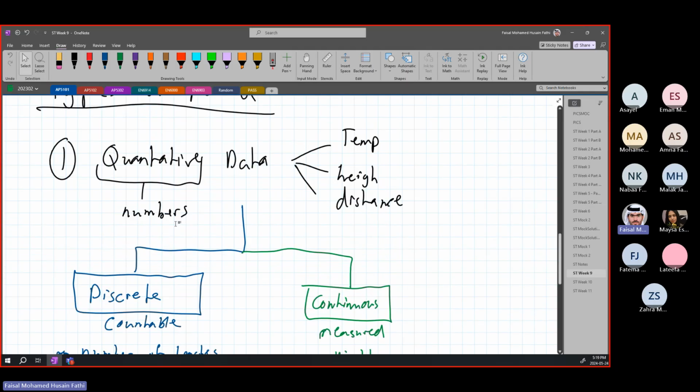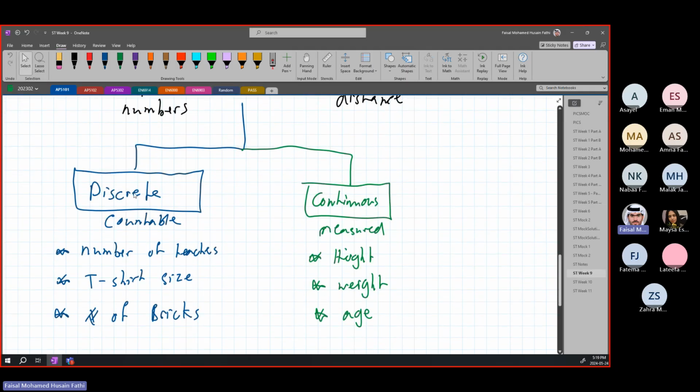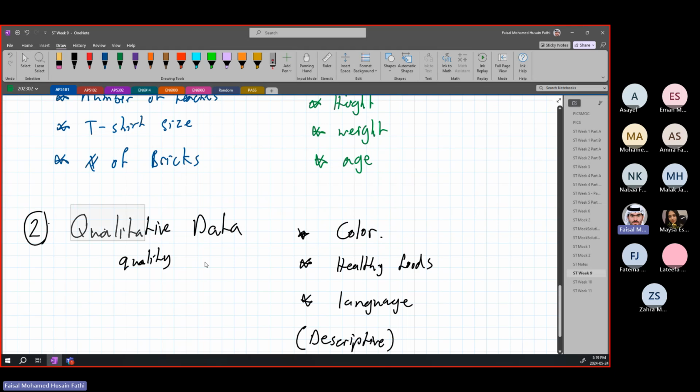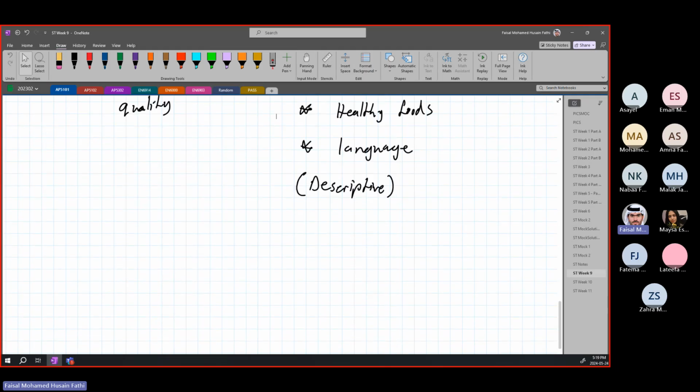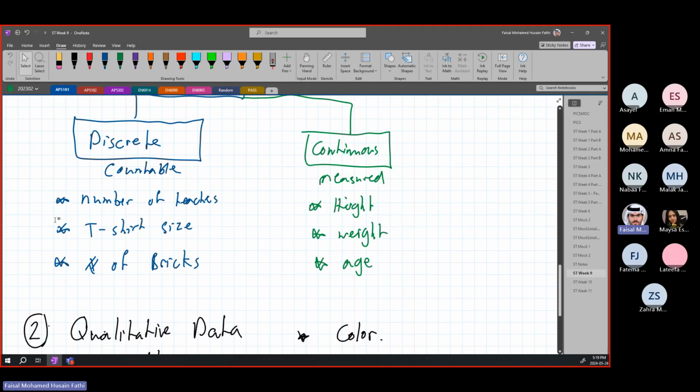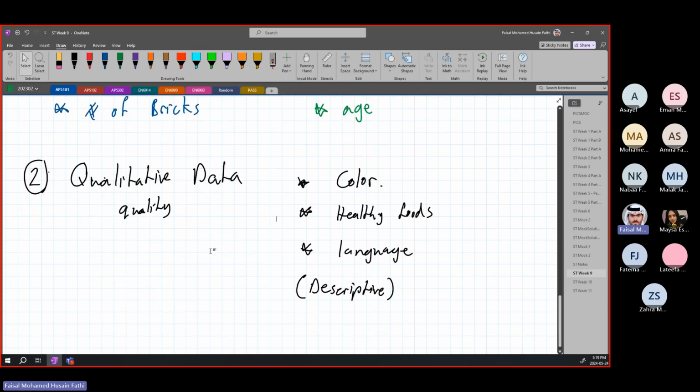So these are the two types of data. The first one is quantitative data, which depends on numbers and numerical values, and qualitative data, which depends on the shape, color, type of material or whatever, or language, and all of that. These are the main types of data that you will always be using, all right?